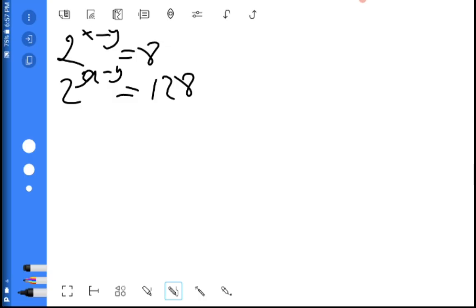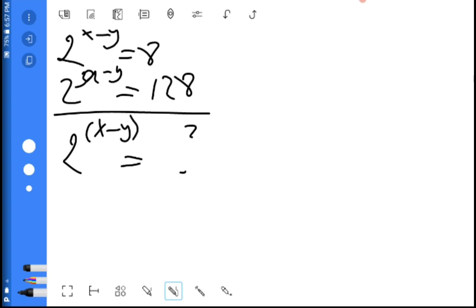So we have equation 1 and equation 2. The first thing to be done, come to equation 1 and replace 8 with 2 to the power 3. So we have 2 to the power x minus y equal to 2 to the power 3. So what does it mean? x minus y equal to 3. You can call that equation 1.